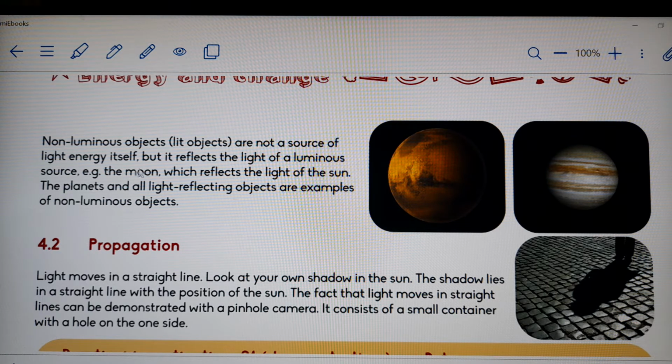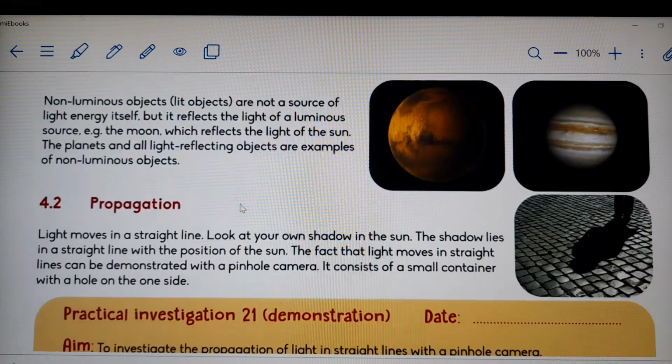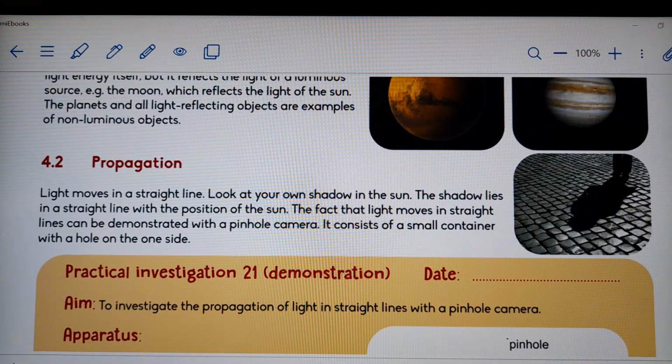We have done this when we did the solar system in the previous grades. So the examples are the moon, which reflects the light of the sun, the planets, and all light reflecting objects are examples of non-luminous objects. Okay, so we have the planets and the moon here as the examples.